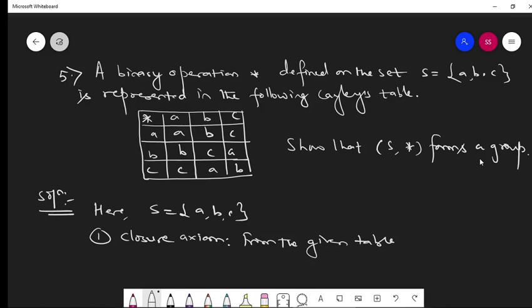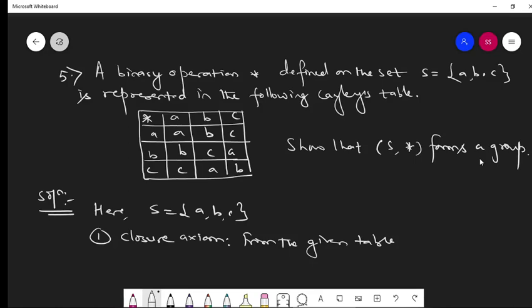Then what we have learned, we can conclude hence A is an identity element for the operation asterisk.